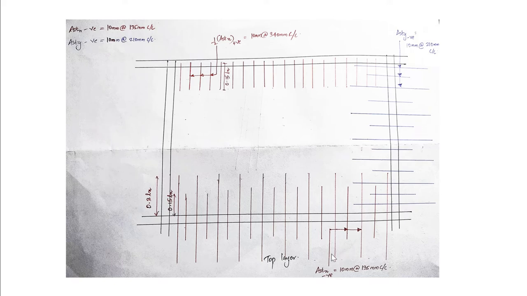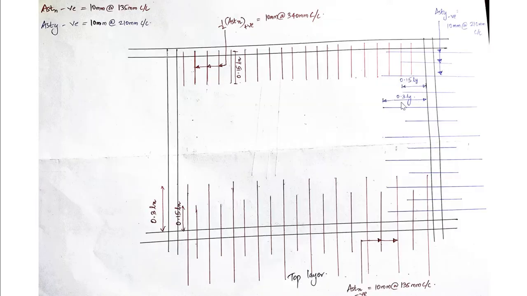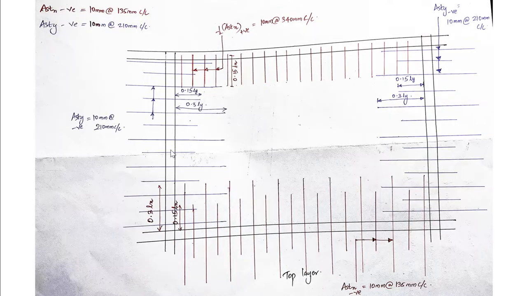This is AST X negative, 10 mm at 135 mm center to center at the continuous edge. Similarly you have AST Y at the continuous edge, 10 mm at 210 mm center to center, and this distance will be 0.15 Ly and this distance will be 0.3 Ly. Here also it is a continuous edge, so we will be providing the same thing like this.